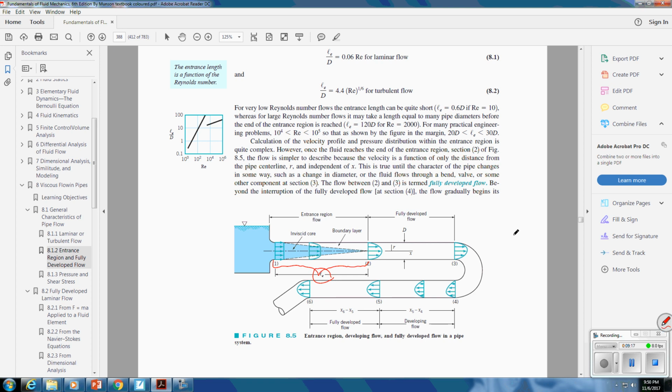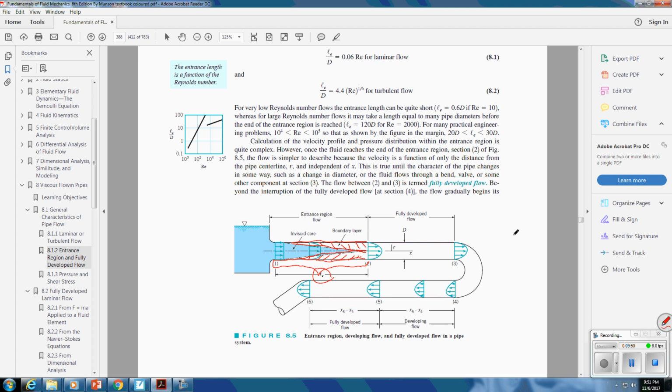into this pipe, it has viscous effect bounded by the pipe walls, right? Because of the no-slip condition, all the flow has to stick to the pipe. So there is a region on the pipe wall which is highly influenced by viscous effect, and we call it the boundary layer.